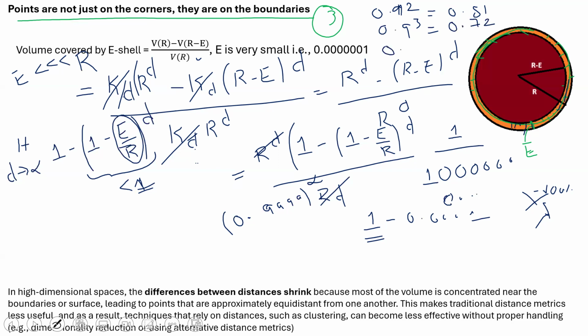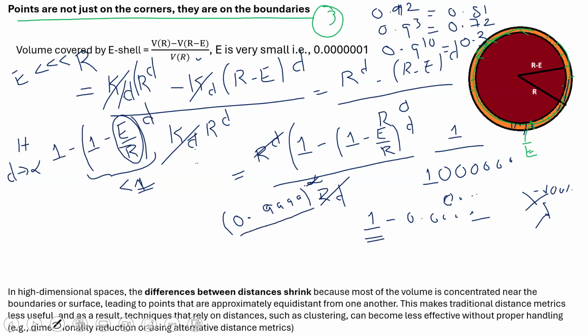Now if you go to 0.9 to the power of 10, it's coming to 0.3, right?